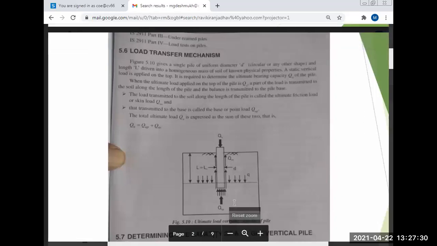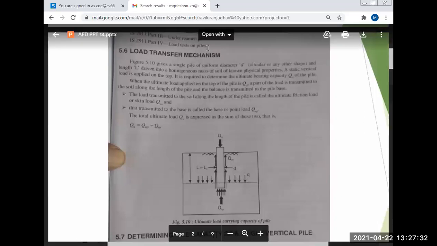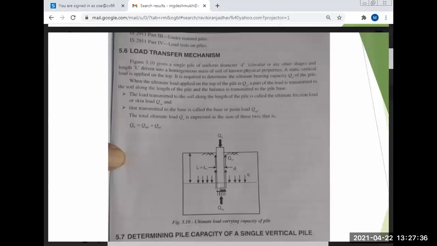In end bearing piles, loads are transferred through the base. In the similar way, the loads are transferred to the surface.